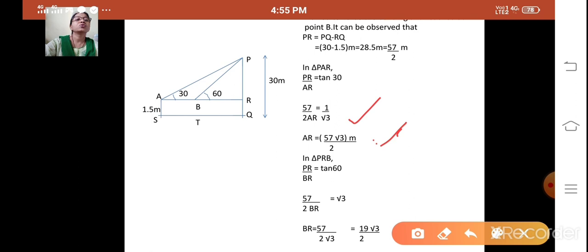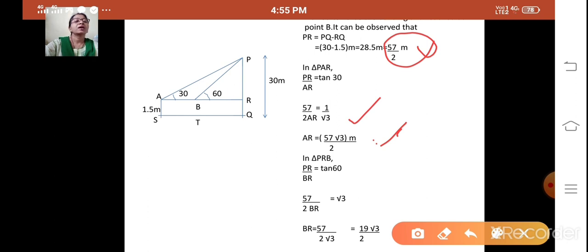PR length is known to you, that is 57 upon 2. Okay, substitute 57 upon 2 into BR is equal to tan of 60 degree. Tan 60 is root 3. Again cross multiply. So you will get BR is equal to 57 upon 2 root 3.